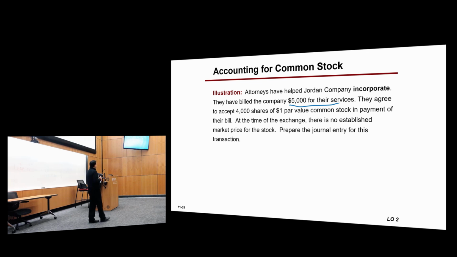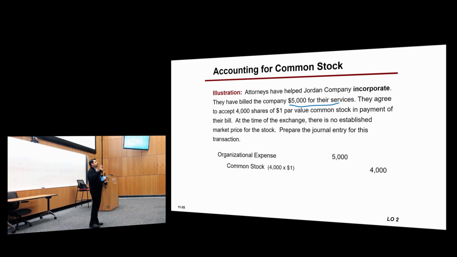Okay? So in this case, the company will use the $5,000, right? Because it is easier to determine. So organizational expense will be debited $5,000. The company issued stock, so common stock will be credited $4,000.